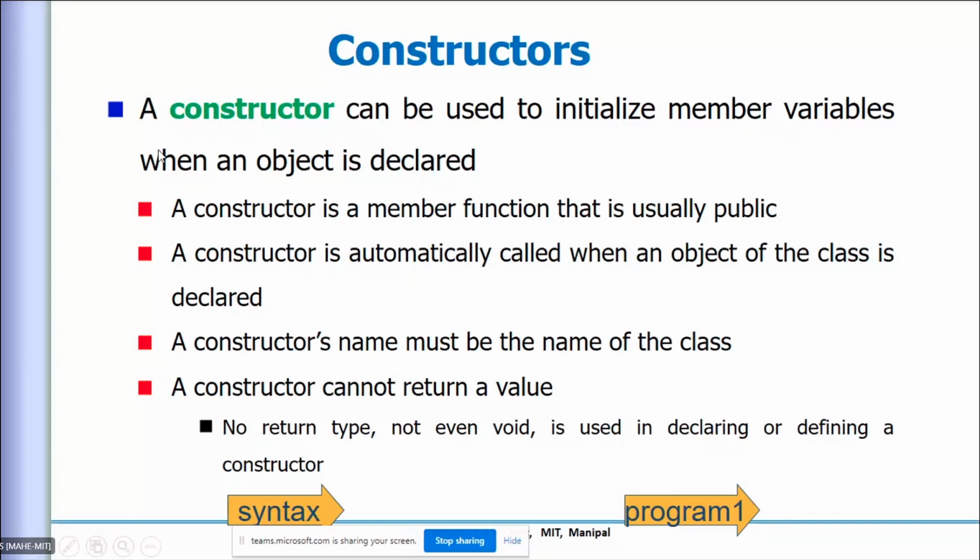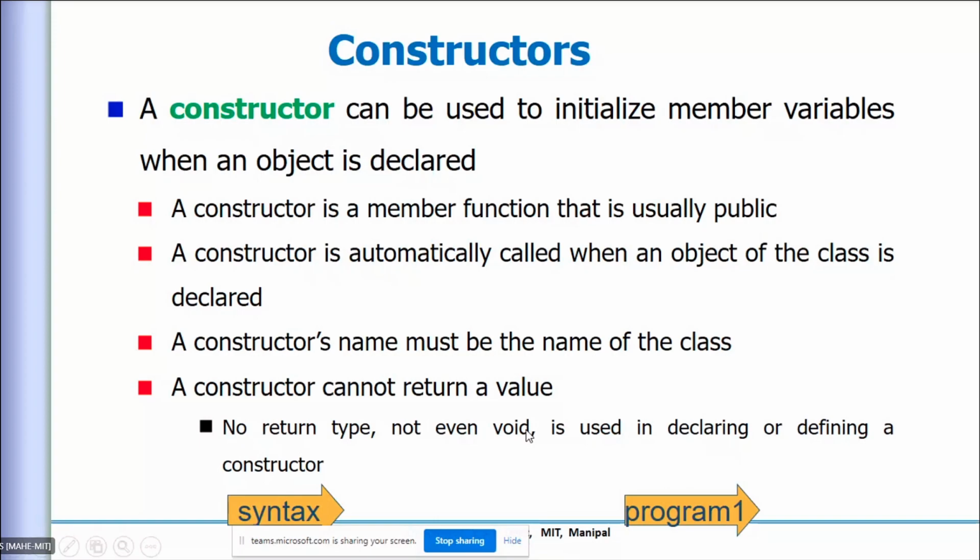It is also a member function, but in a normal member function I have the freedom to choose any name, whereas in the case of a constructor I don't have that freedom. I have to use the same class name. It is a must. And a constructor cannot return a value because it is creating an object. It can't return any value, and even void you are not supposed to declare.